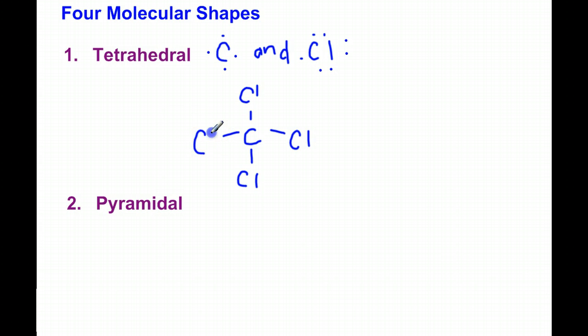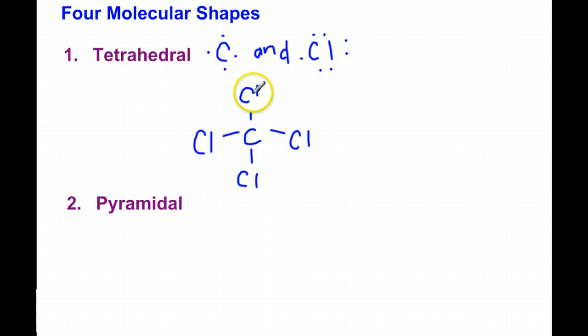Now, the tough thing is that we're trying to draw something 3-dimensional on a flat piece of paper, so you kind of have to imagine here. So since all of carbon's valence shell electrons are satisfied because they've all paired up with chlorine's single electron that needed to be paired, there's no remaining electrons surrounding carbon.